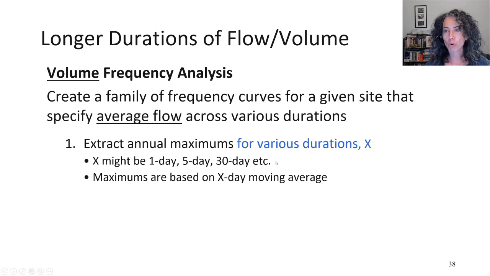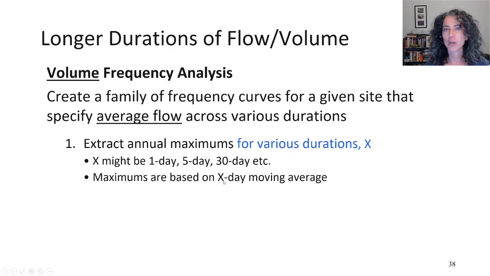To start, we're going to be extracting annual maximums for the various durations from our period of record time series. We have duration X, that might be 1 day, 5 day, 30-day durations, and those maximums are going to be based on an X day moving average.